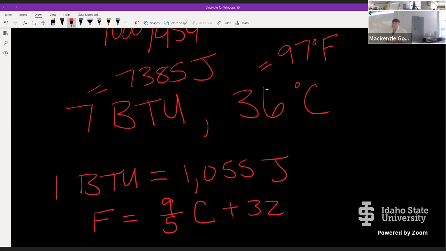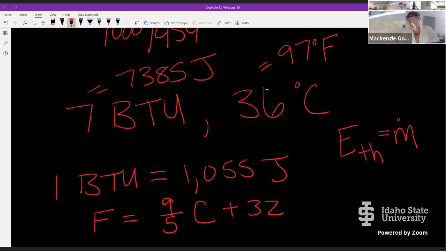So if there was a problem that asked you to look at our thermal energy, and we had to look at our mass flow rate and our heat capacity, and our energy was in BTU, and our mass flow rate was in kilograms per second, is that the same family?